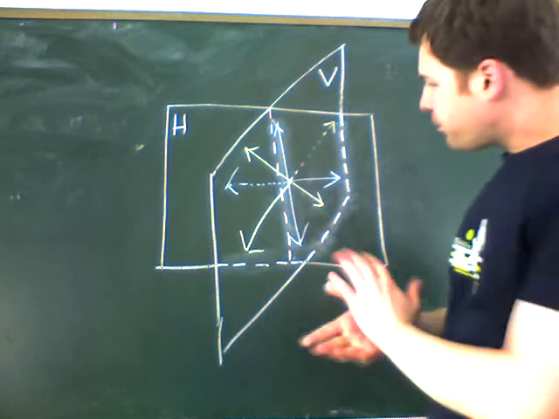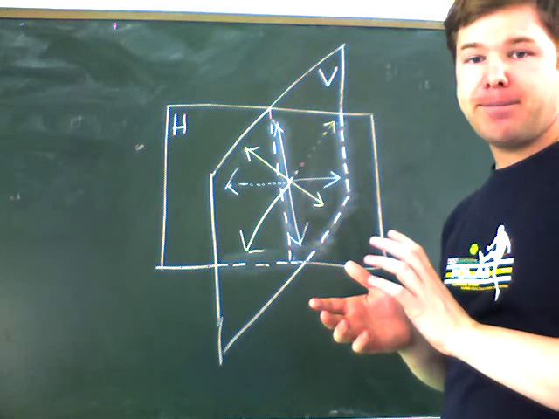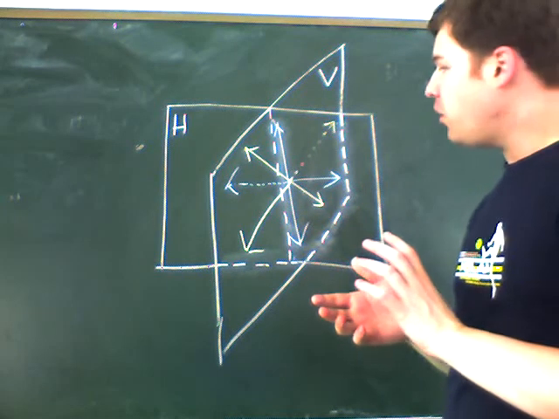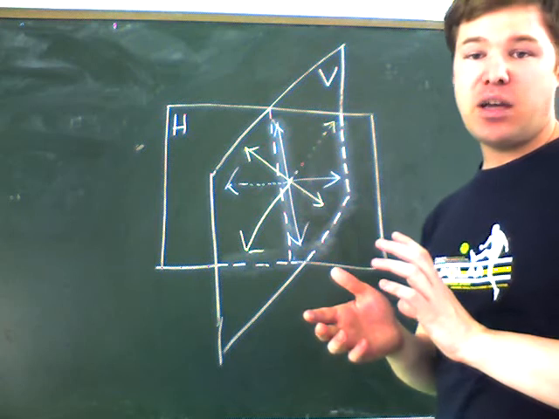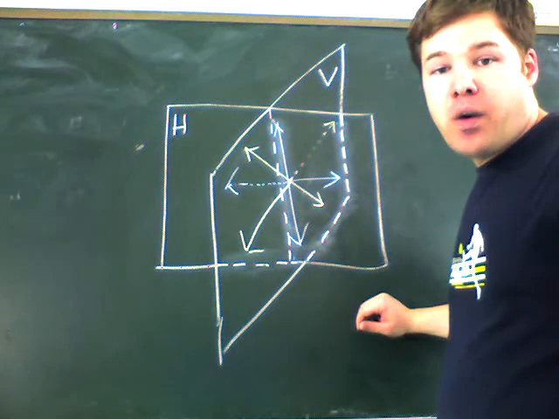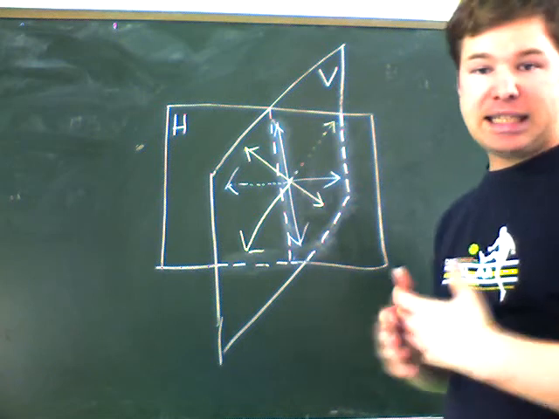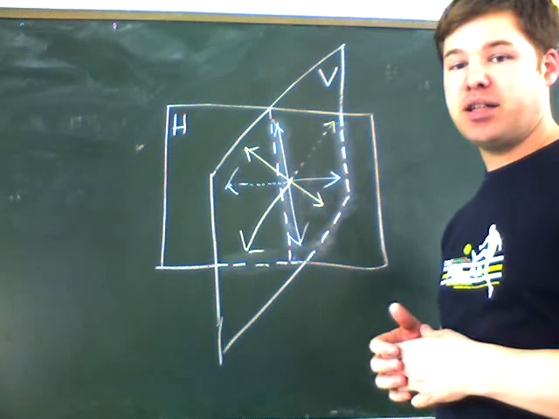And the combination of these two coordinates is going to tell us exactly where in 3D space our wormhole is going to exist. Well, at least the B section.